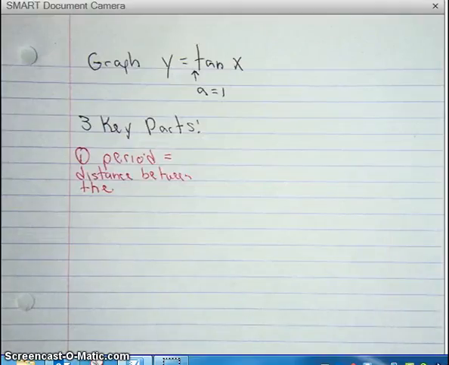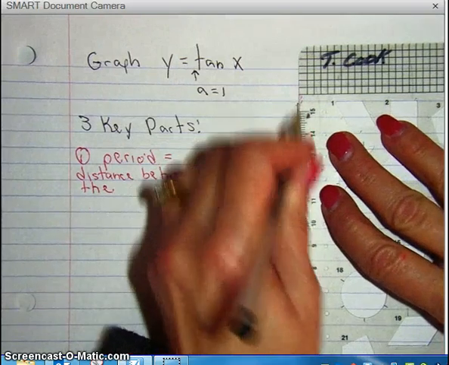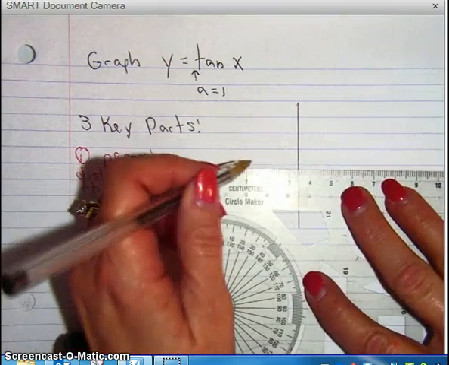That day that we graphed tangent. Okay, so let's make our little XY coordinate plane, or our x, tan x coordinate plane.